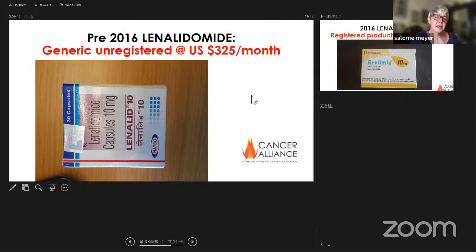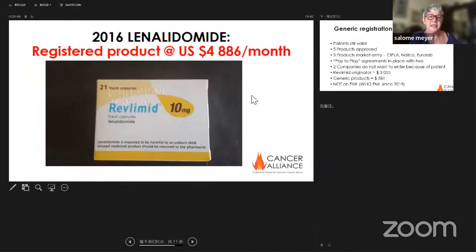However, next slide. In 2016, the originator company, and we all know that Celgene has many secondary patents on that medicine, because the original medicine was thalidomide.